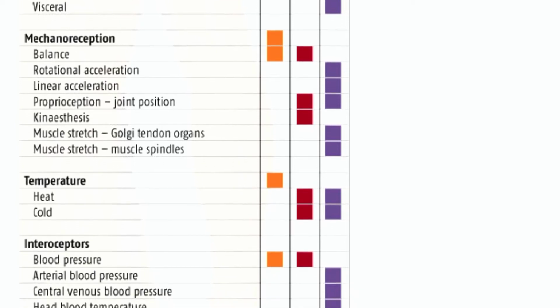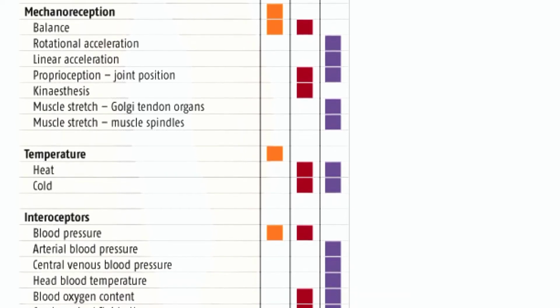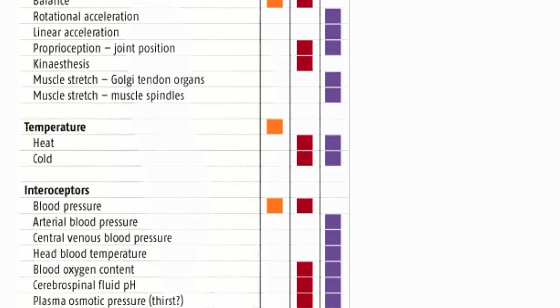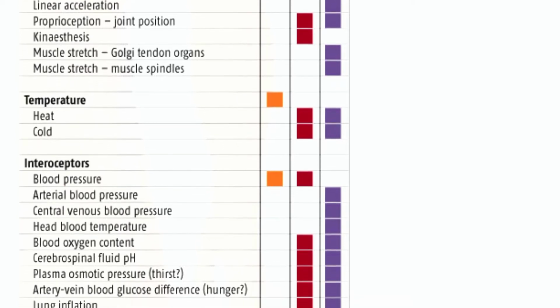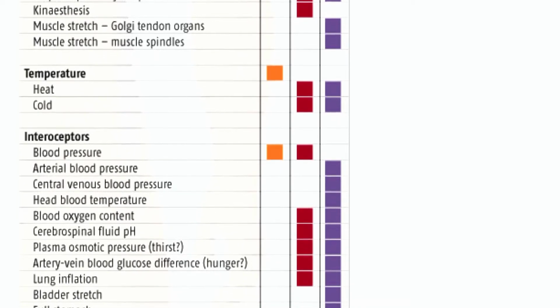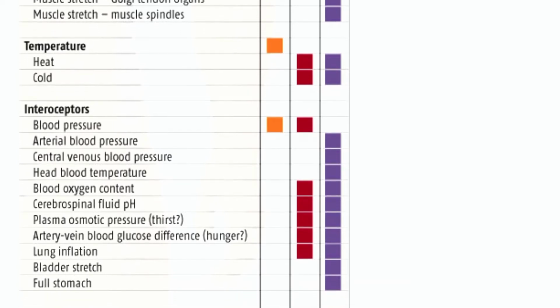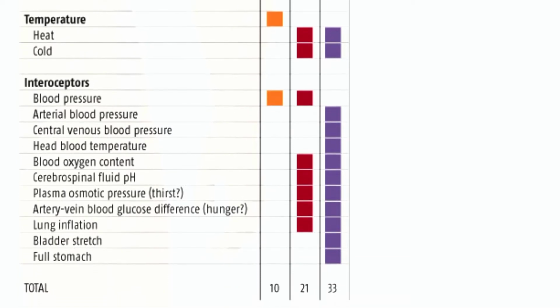And then mechanoreception, balance, how we rotate, linear acceleration, proprioception, knowing where our body is in space, kinesthesis, muscle stretch. Look at temperature, heat and cold, separate neurons.